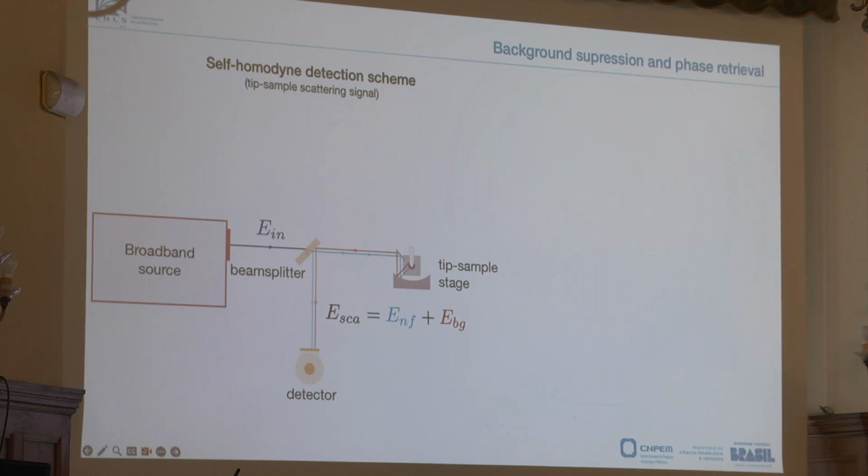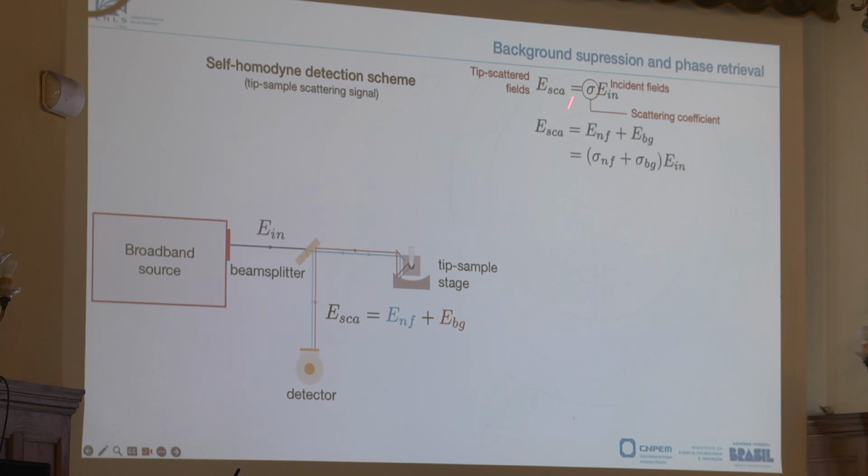If we take a situation where we don't have any interference arm here, and we are just taking the signal from the tip, this is scattering from the tip, and as Rainer presented, we have two kinds of signals here. One is the near field, and the other one is this confocal background, right? We can write that the field scattered is a scattering coefficient times the incident field.